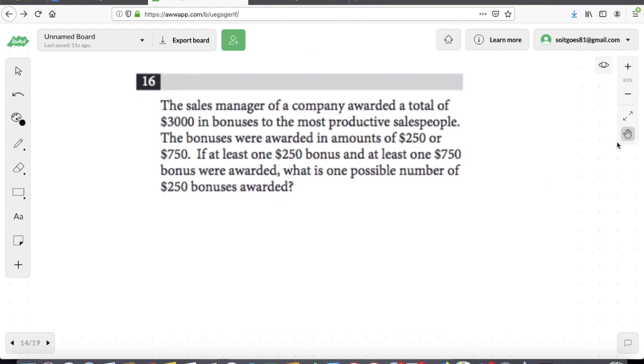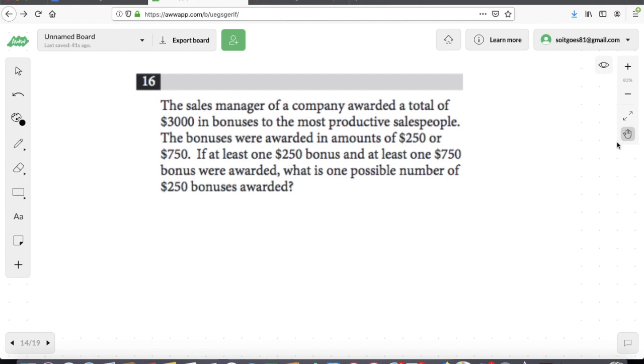Okay. Go to read number 16. The sales manager of a company awarded a total of $3,000 in bonuses to the most productive salespeople. The bonuses were awarded in amounts of $250 or $750. If at least one $250 bonus and at least one $750 bonus were awarded, what is one possible number of $250 bonuses awarded?